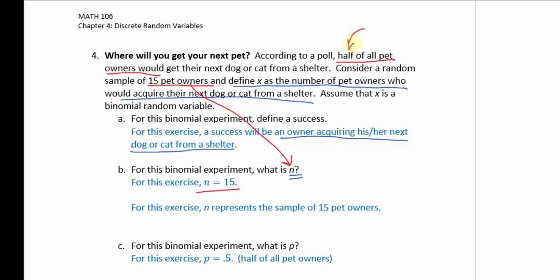So the word half represents 50% or 0.5 probability. So what we need to now gather from this information is, if N is equal to 15, then we need to use the binomial table associated with N value of 15, and then we'll use the column 0.5 for probability to answer any other questions.